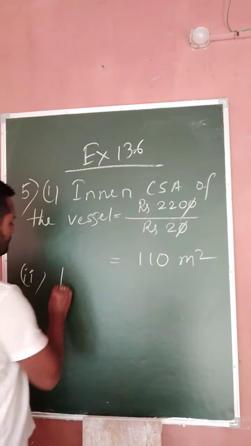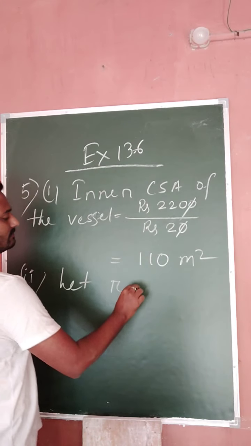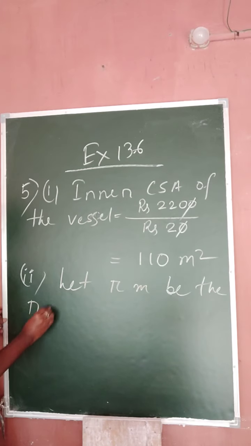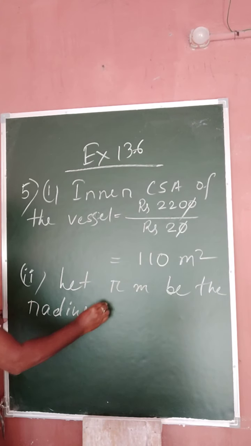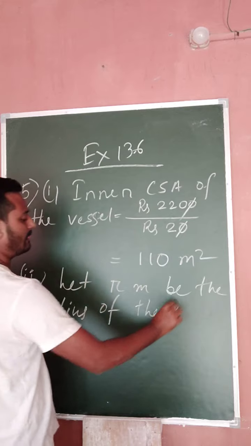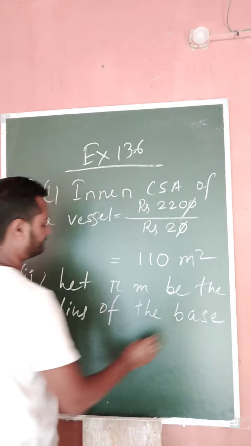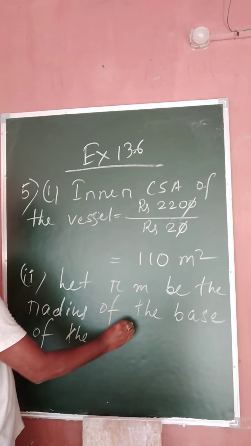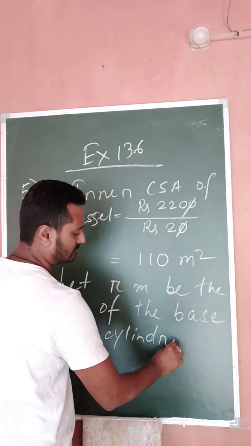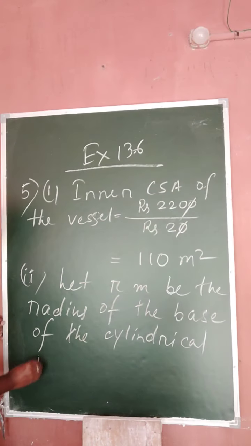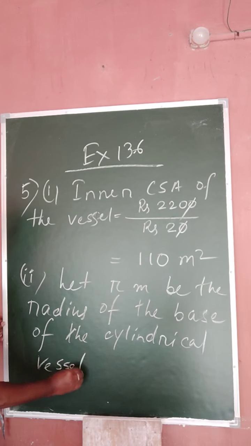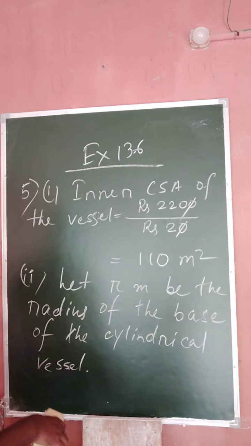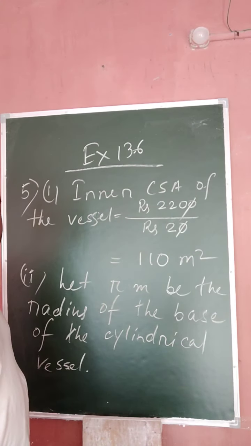Number 2 is to find the radius of the base. So let r meter be the radius of the base of the cylindrical vessel. All of you know the inner curved surface area of a cylinder is 2 pi r h.